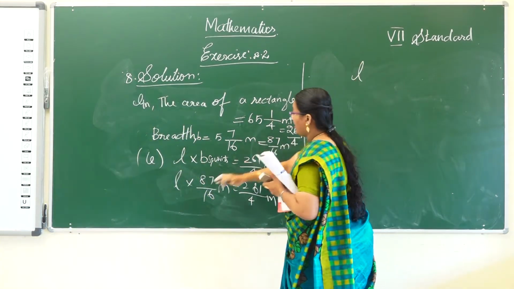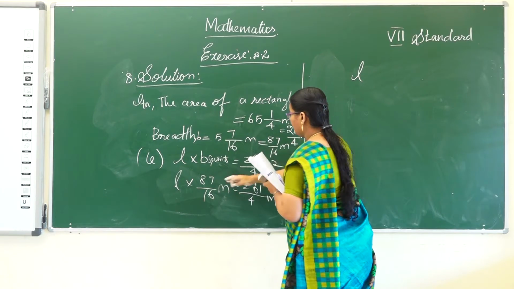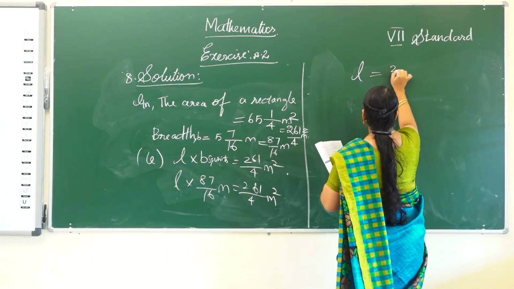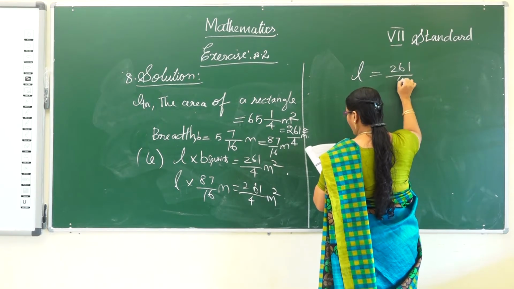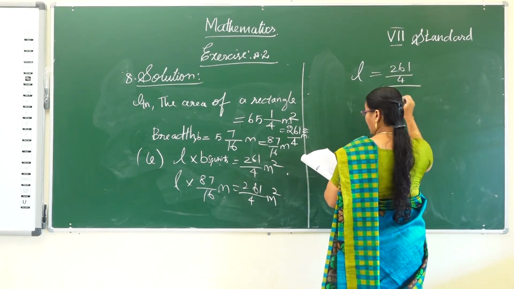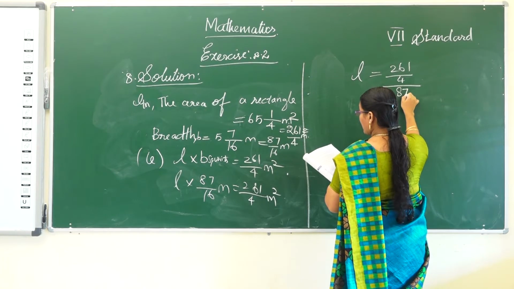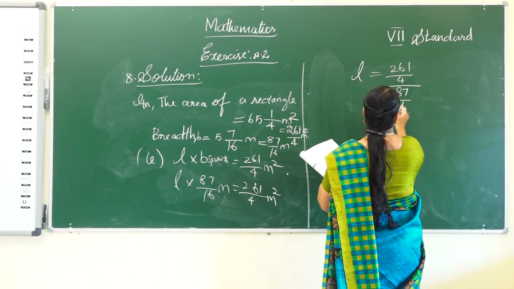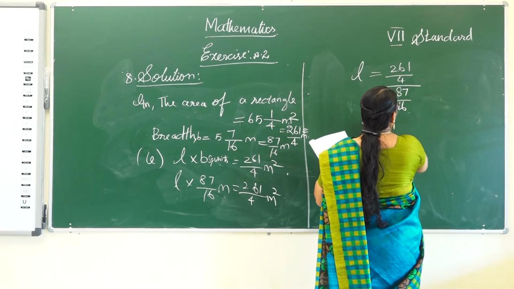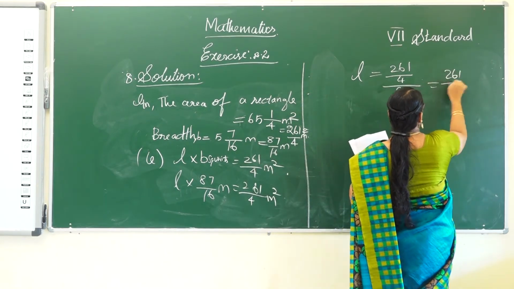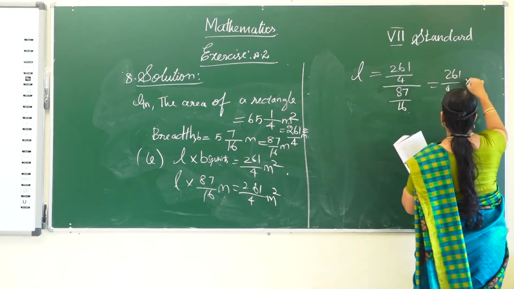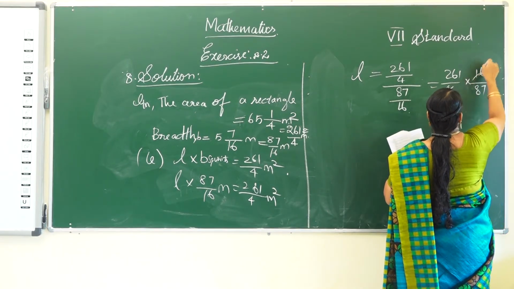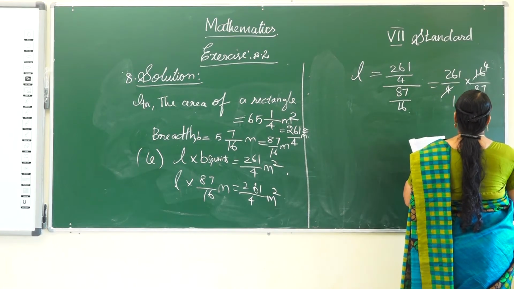So L stays here, and the multiplication on this side moves across and changes to division. So 261 by 4 divided by 87 by 16. Now write 261 by 4 and take the reciprocal of the other, 16 by 87. 4 ones are 4, 4 fours are 16.